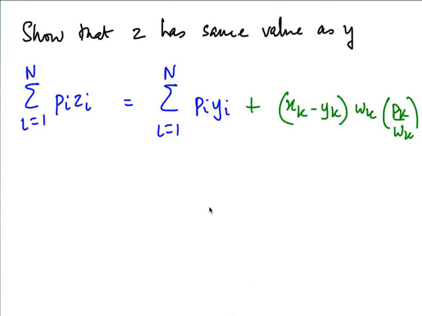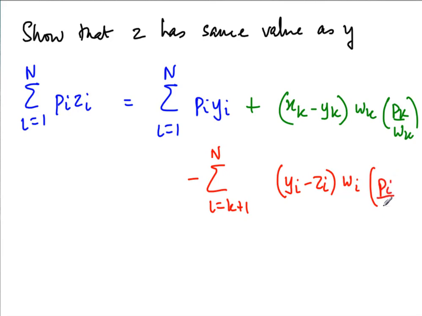I don't know exactly how it has reduced, but I know that for i equal to k plus 1 to n, I have reduced the amount yi minus zi times pi, right? Once again I'm going to write pi in this roundabout way as wi times pi by wi, right? So this is how I got the z's from the y's. The value of the z's is the value of the y's plus the quantity added at k minus the quantity I subtracted beyond k.